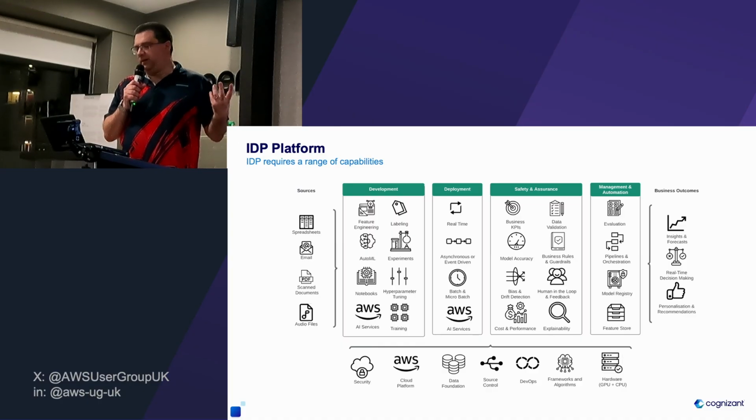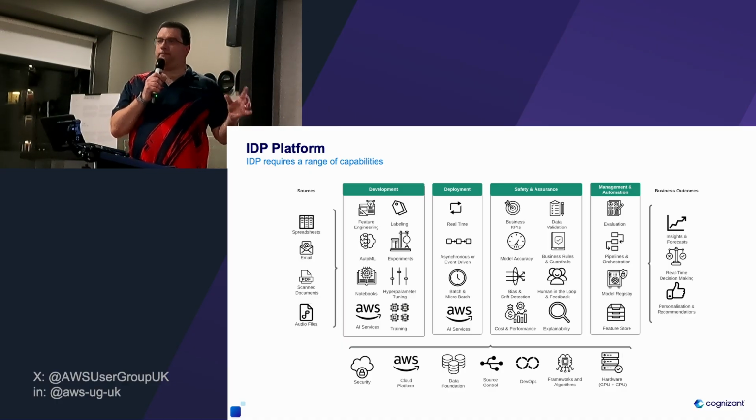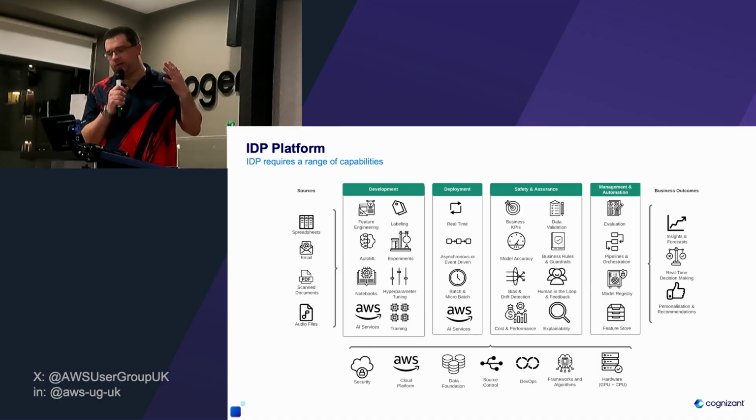Then we have deployment. Mostly in these situations, we're moving between batch or real time. So as the email hits, it sets off an asynchronous process. We've built things around Step Functions and integrations that I'll come on to in a minute, where we trigger event-driven architectures to process these things.